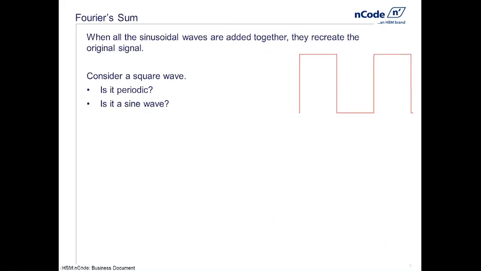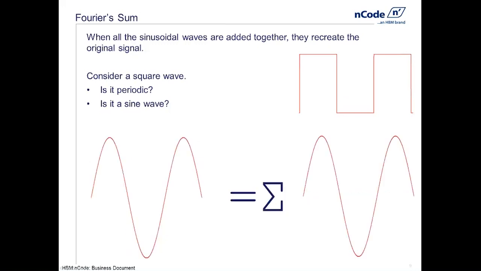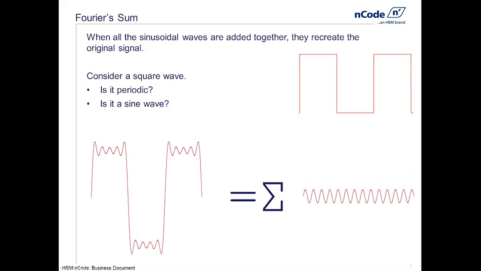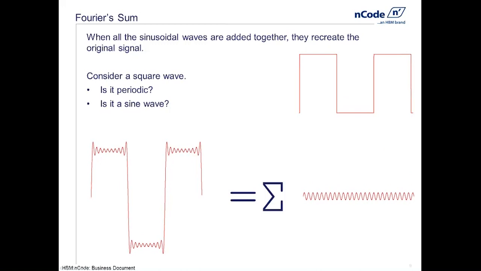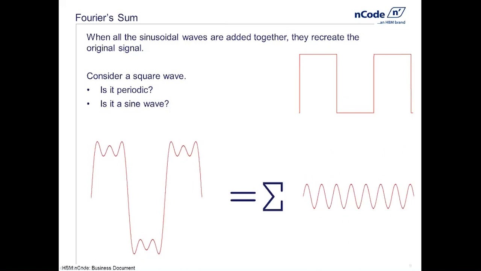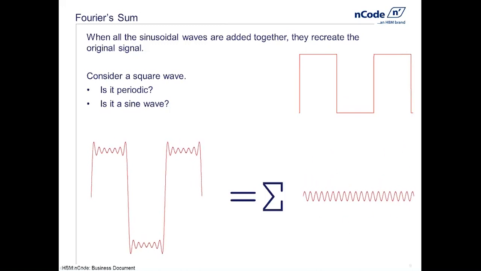No. But Fourier, or those people who have been versed in the Fourier transform, would say we could actually think about the square wave as a bunch of different sine waves added together. We just have to think about how big are those sine waves, what frequencies does each one of them happen at, and what is their phase of one relative to the other. So graphically, we can think about this as that square wave is the summation, that's the sigma symbol again, of a bunch of different sine waves.